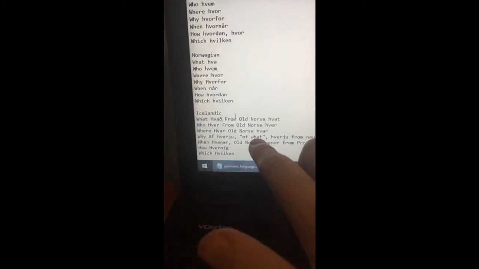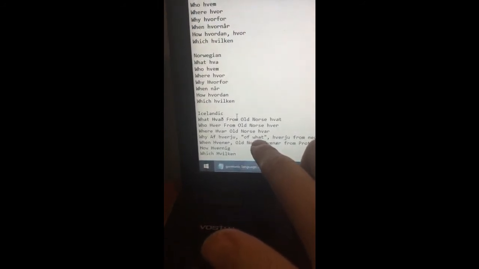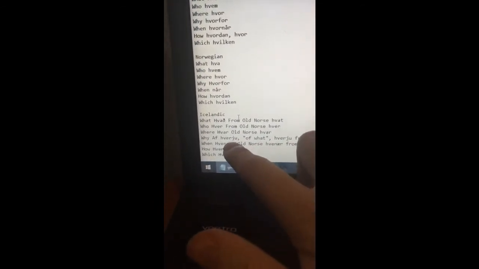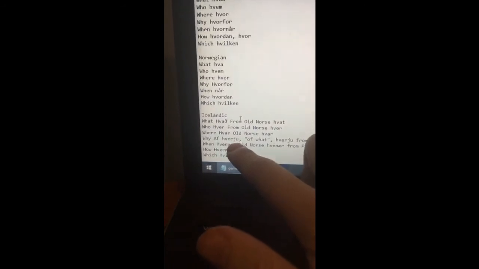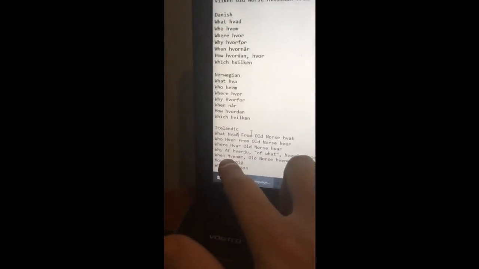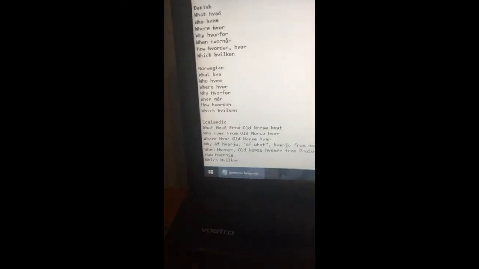And hverju means what, but it's a certain declension of what. So hverju comes from neuter dative declension of hver, and hver in Old Norse means every. So like and that's also where the Swedish word varje comes from. So hver and hver with another R, those were actually combined, and it led to this word hverju.